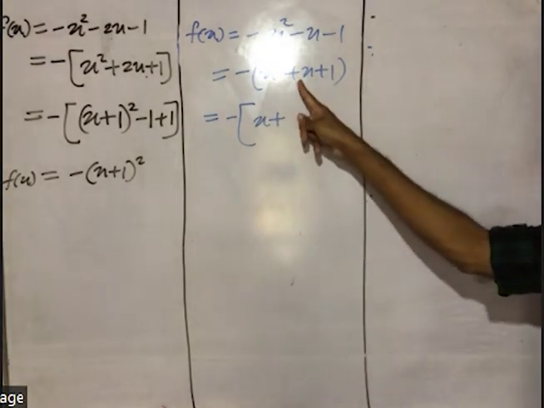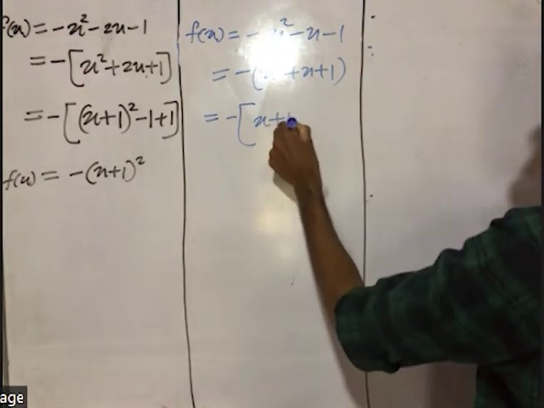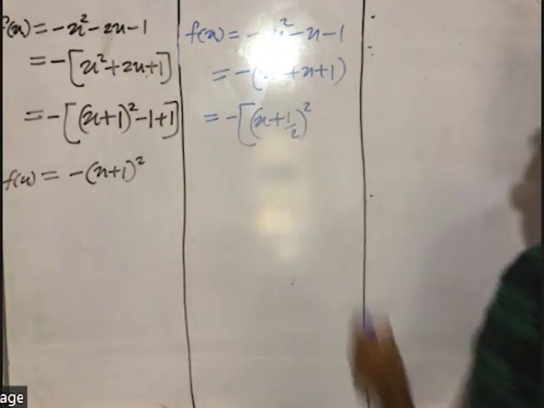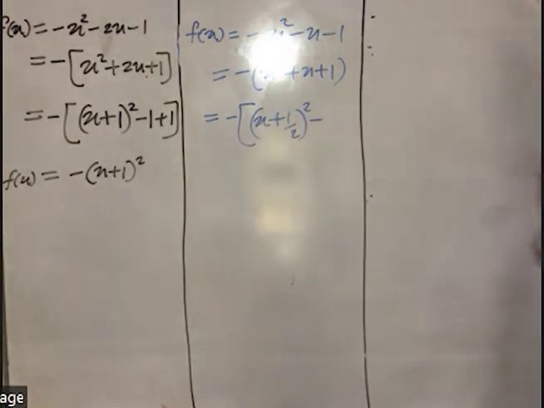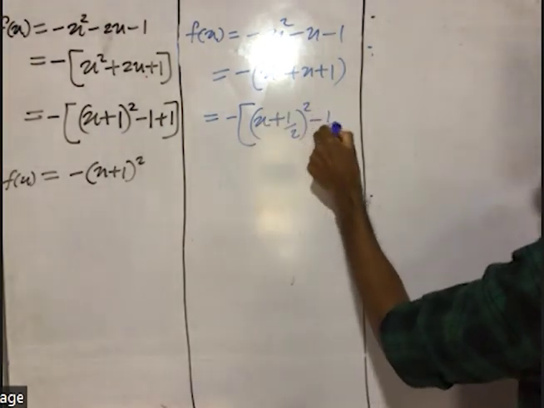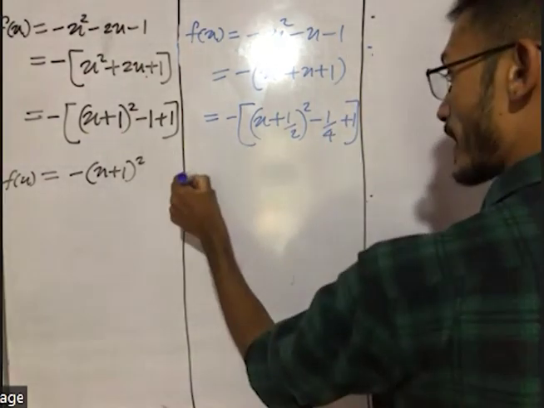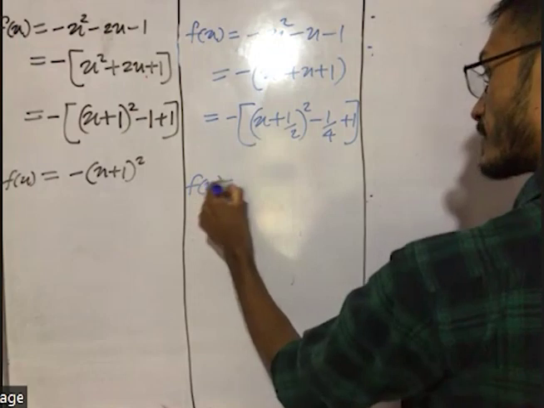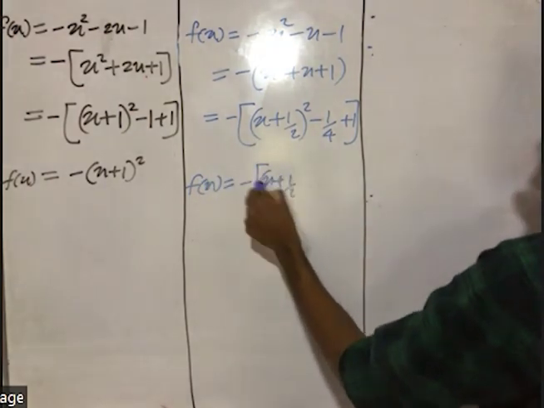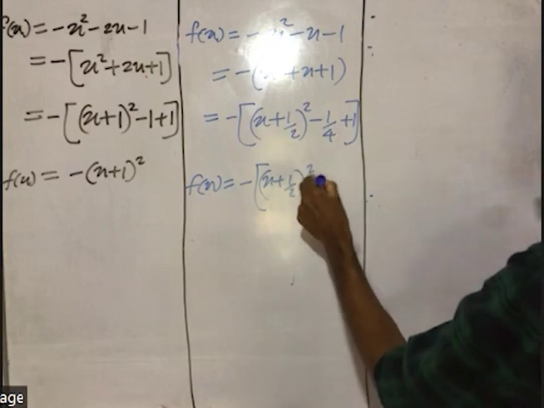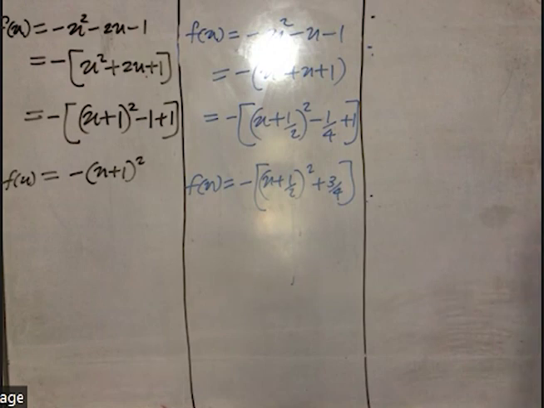Here the coefficient of x is plus 1. Divide it by 2, then half. Square of the whole thing minus the square of this constant, 1 over 4, plus 1. Now if you simplify this, we will get f(x) equal to minus (x plus half) square plus 3 over 4.